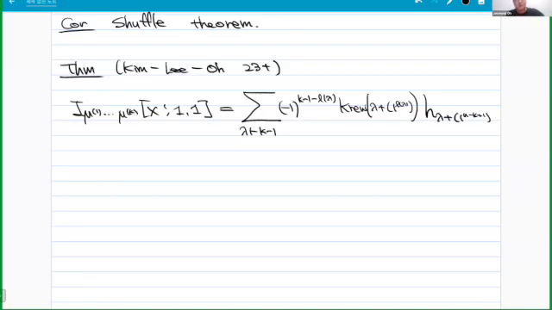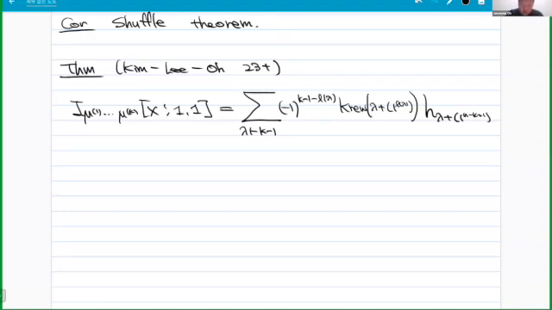The final remark is that if the science fiction conjecture is true, the Macdonald intersection polynomial without specializing should be Schur positive. But for now, we don't know how to prove it.